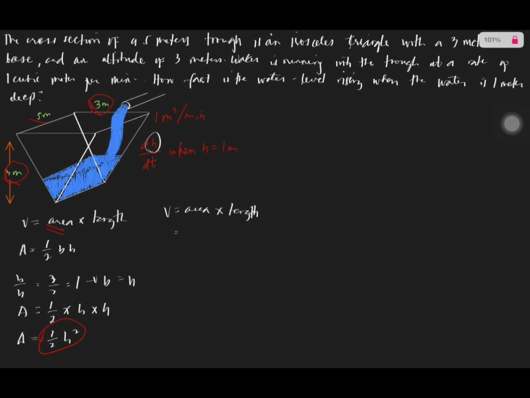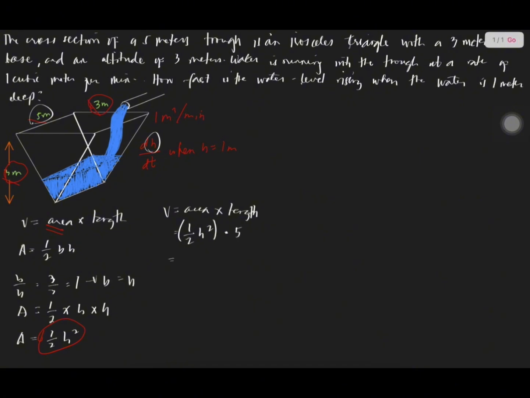We have 1/2 times h squared times the length, which is 5 meters. So 1/2 times h squared times 5. Let's simplify this: V equals 5 over 2 times h squared.